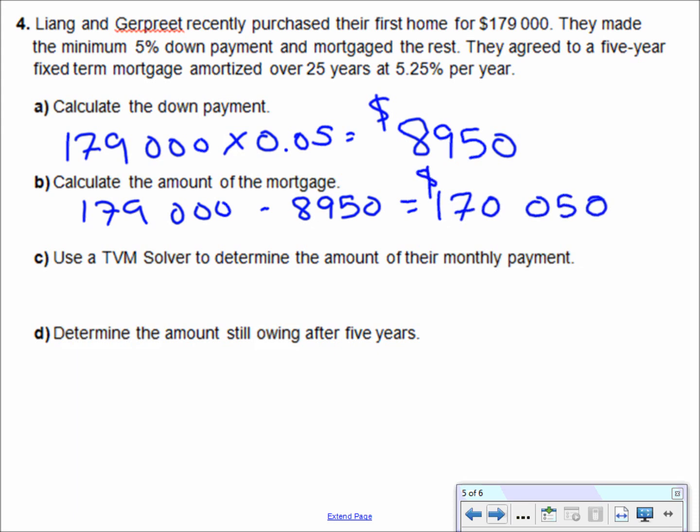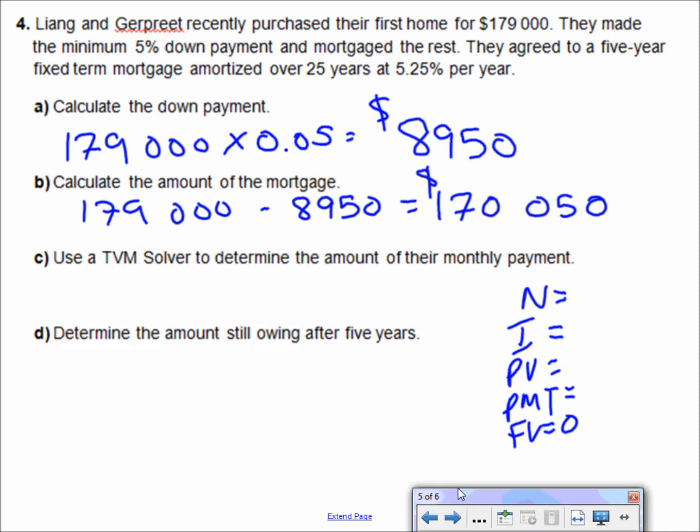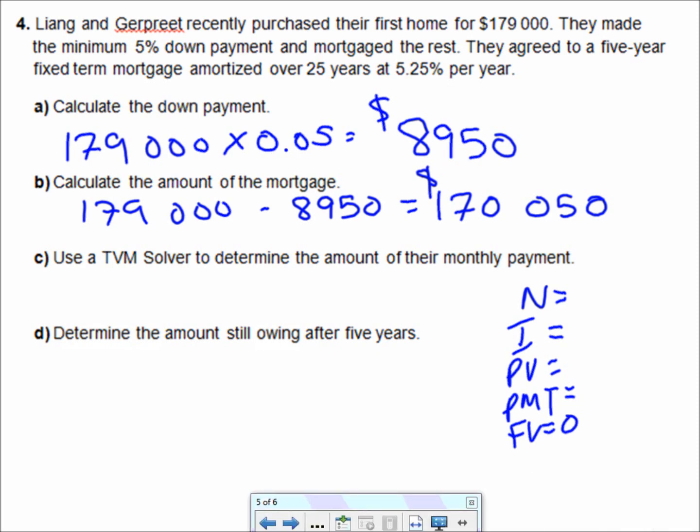So they are going to mortgage $170,050. I'm just going to set this up again.